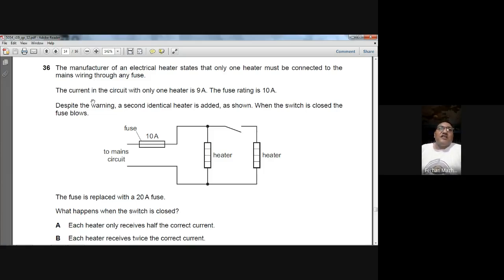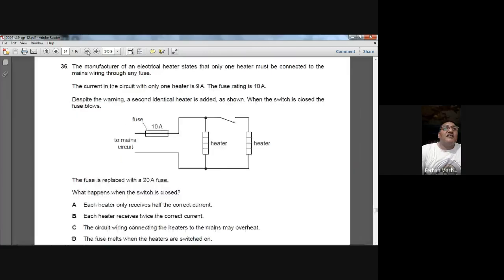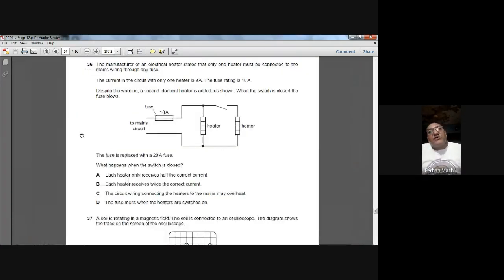Okay. The fuse is replaced with a 20 ampere fuse. What happens when the switch is closed?